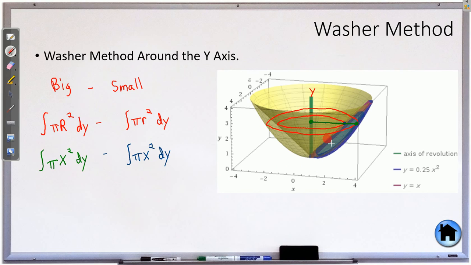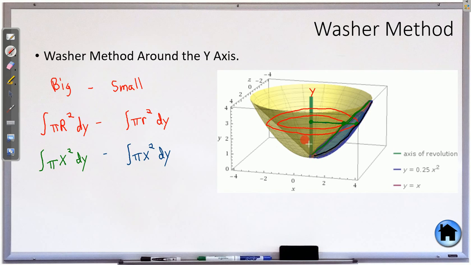Okay? And so the small x, the smaller radius, is going to be the x that comes from this function. And the other x will be the x that comes from, let me get a color that will actually contrast a little bit, the other x will come from this function.